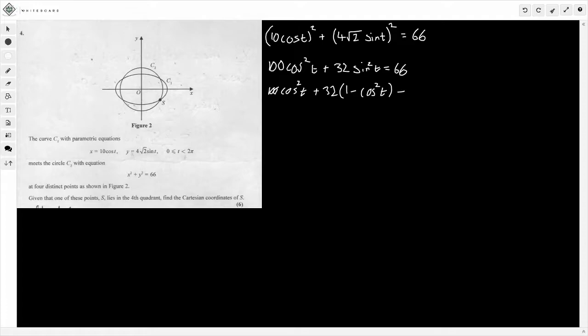This is equal to 66. So if you simplify at this next stage, I want to take the 32 across already. So what I've got is 100 cos squared t, plus 32, I'm going to subtract it off already, and I have minus 32 cos squared t.